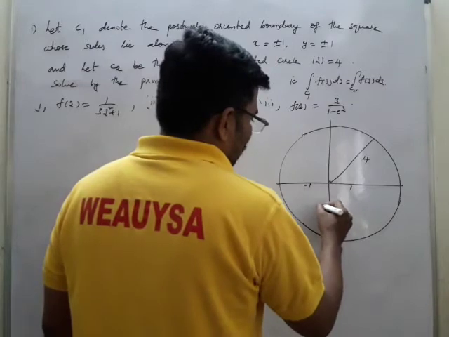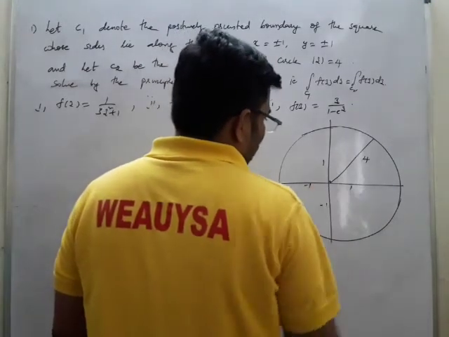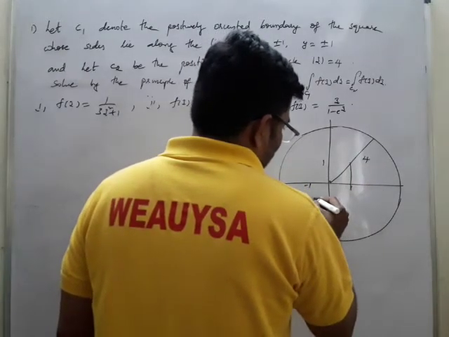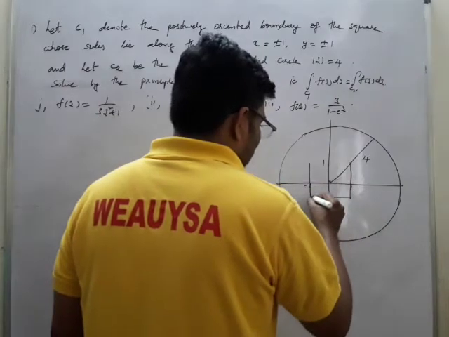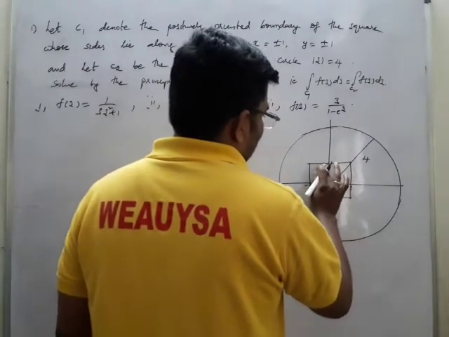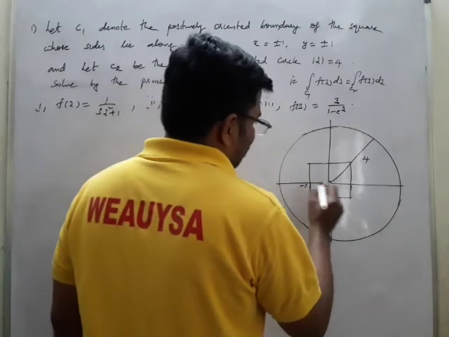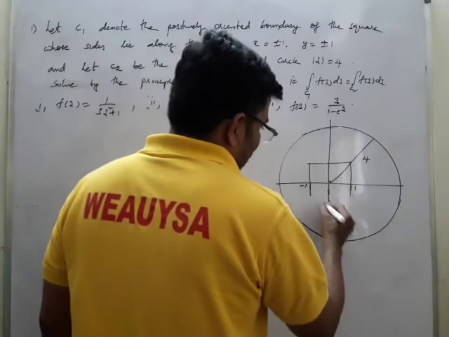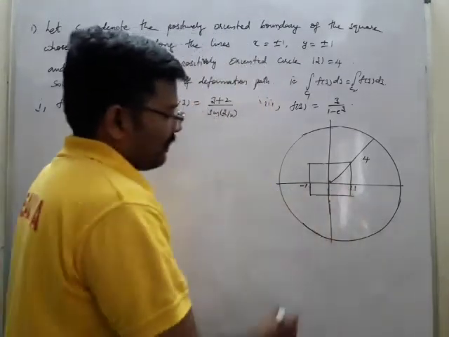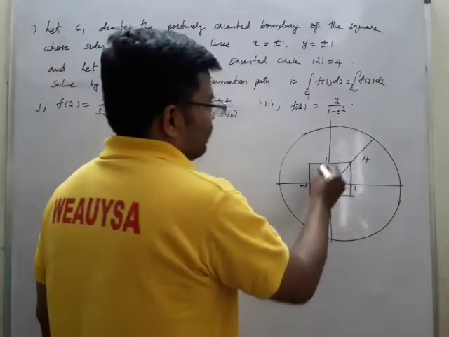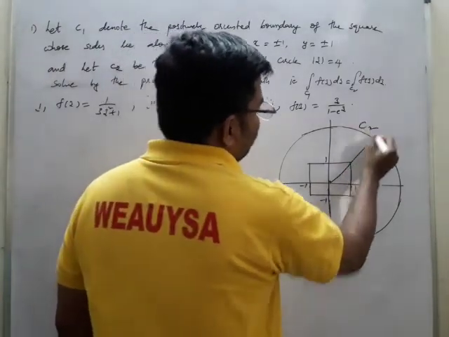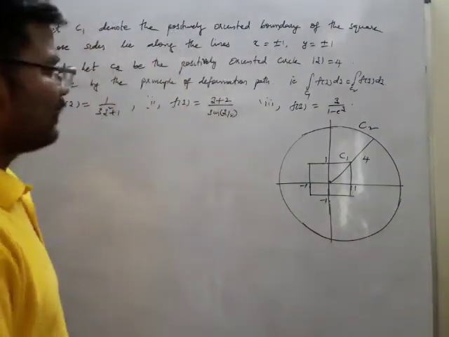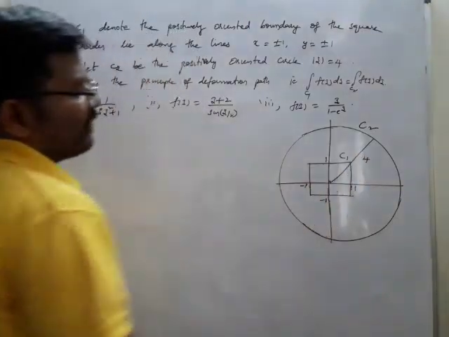Y is also minus 1 to 1. So this is how the square forms. This is C2, this is C1. This is the region which is in between C1 and C2.